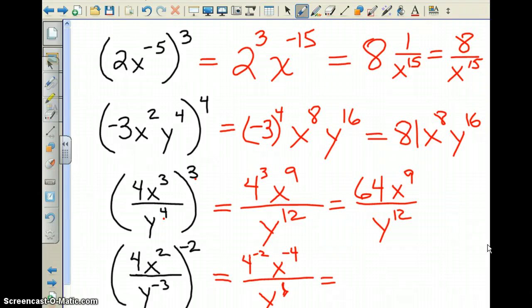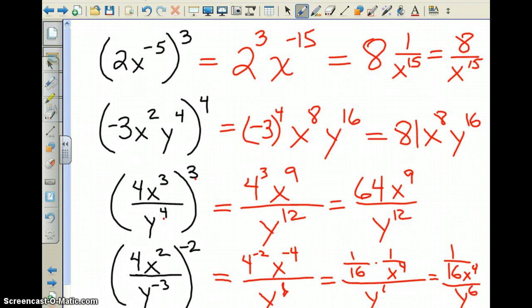So as I simplify this, 4 to the negative 2 is really 1 over 4 squared, or 16. x to the negative 4th is 1 over x to the 4th, all over y to the 6th, which in the numerator will become 1 over 16x to the 4th, all over y to the 6th.